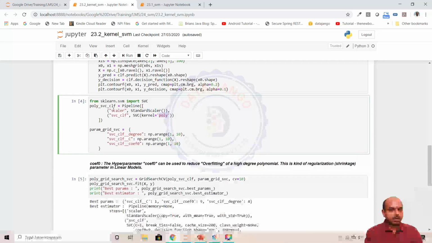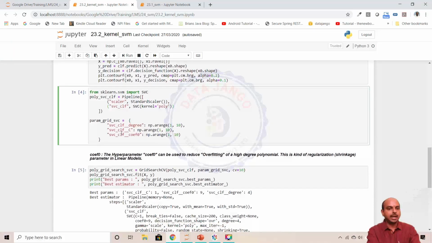So I have taken a pipeline, a standard scaler, and an SVC with the polynomial kernel, and here I am passing the hyperparameters. svc_clf is the variable name in the pipeline. To pass hyperparameter values, you need to use double underscore, like svc_clf__degree and svc_clf__C.